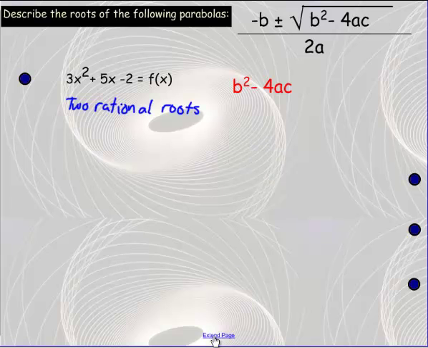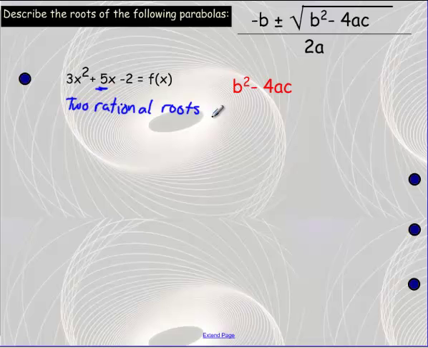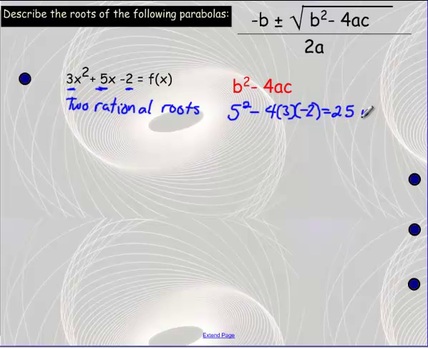So if I just took from here, if I took b, which is 5, squared, minus 4a, which is 3, and c, which is -2, and I figured that out, that gets me 25 plus 24, I get 49.